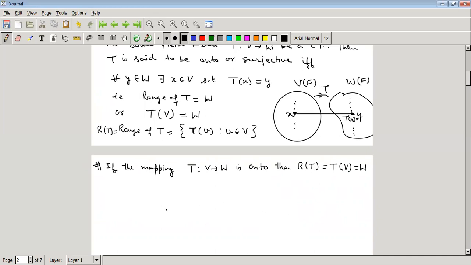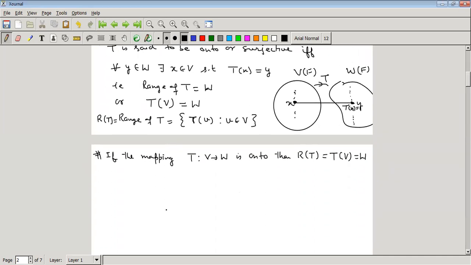In this way we can define an onto transformation, or we call this a surjective transformation.